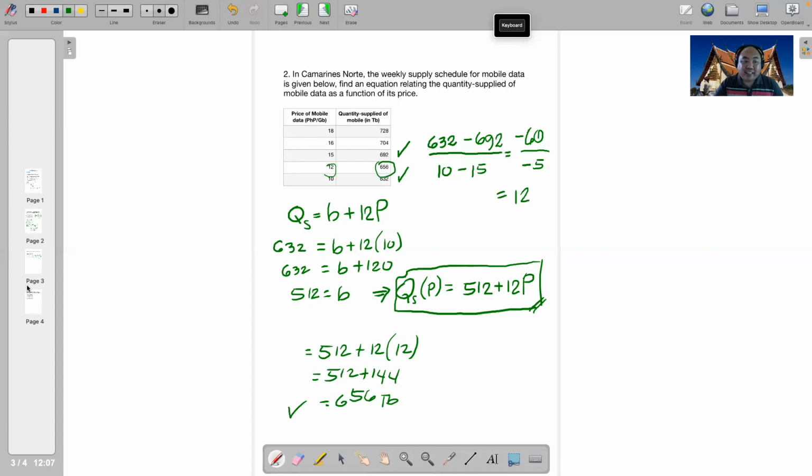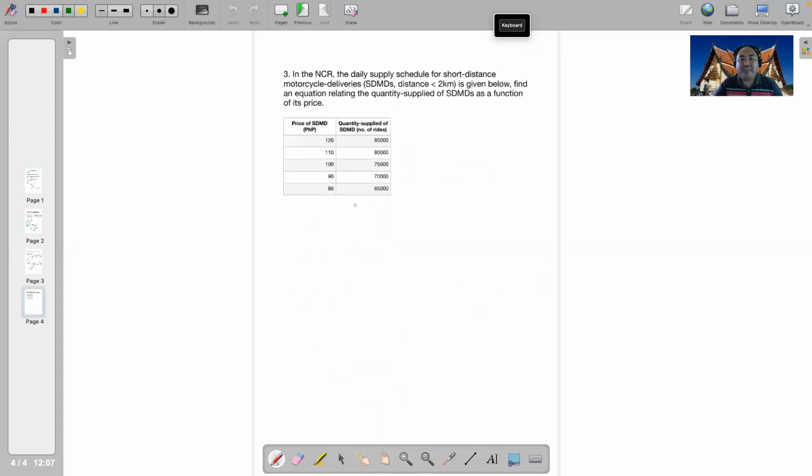Now we move on to our last example. In NCR, the daily supply schedule for short distance motorcycle deliveries, or SDMDs, is given below. The definition of short distance is below 2 kilometers of delivery through motorcycle. Find an equation relating the quantity supplied of SDMDs as a function of its price.